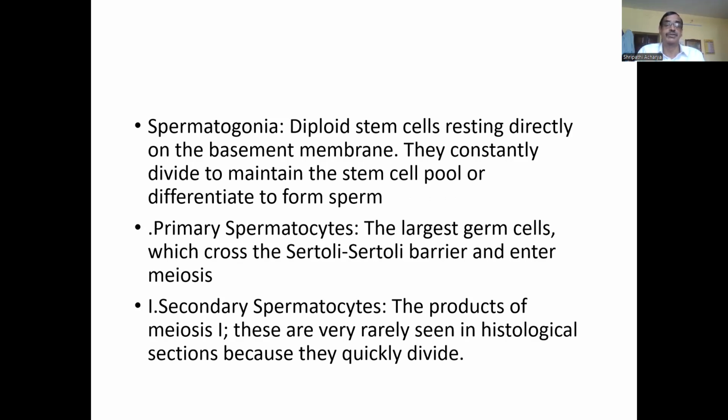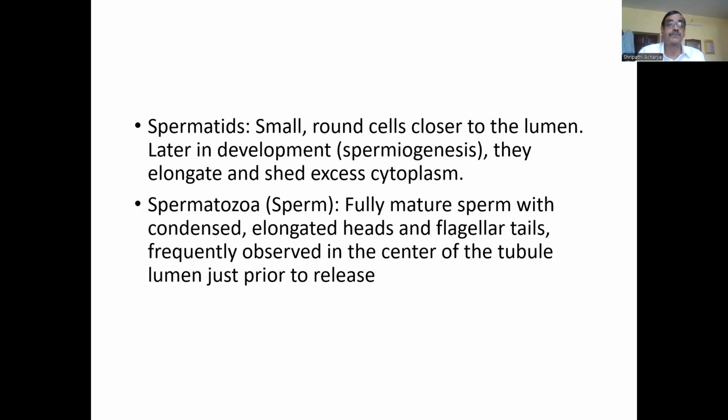Primary spermatocytes, the largest germ cells, which cross the Sertoli barrier and enter meiosis. Secondary spermatocytes, the products of meiosis, are very rarely seen in histological sections because they quickly divide. Spermatids, small round cells closer to the lumen.